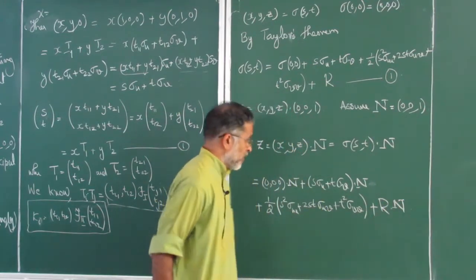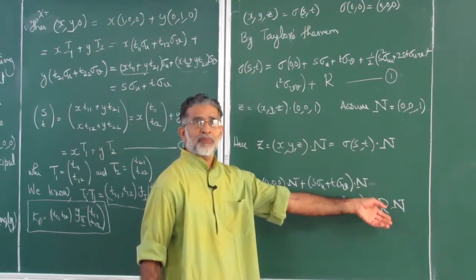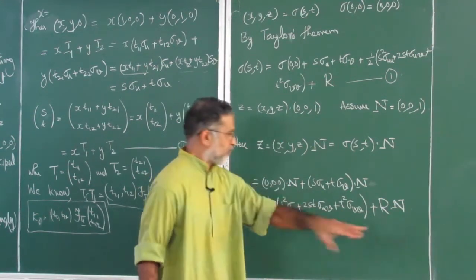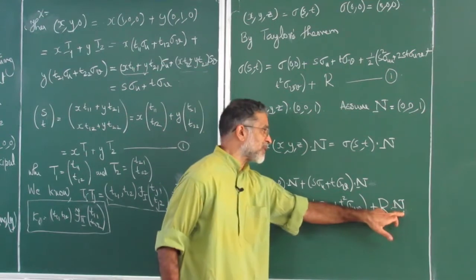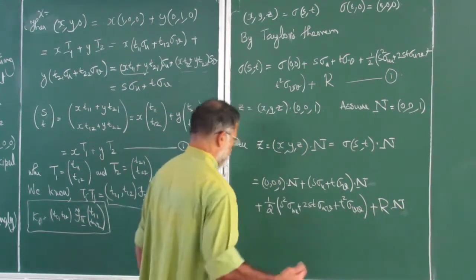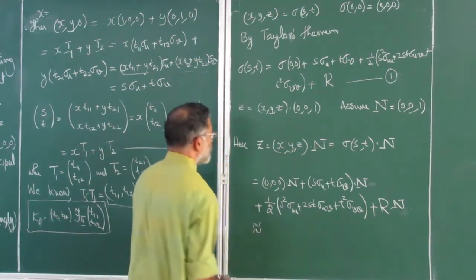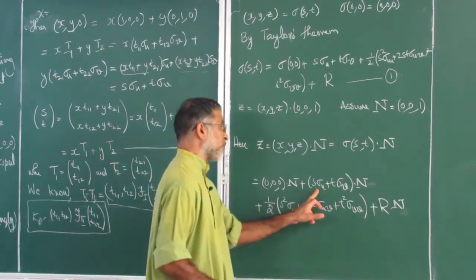Okay, so this, we ignore that. There is a little bit of third degree, the component in the third direction, we get it, which we completely ignore. So by ignoring this, this is approximately equal to, what is this? This is 0. What about this?